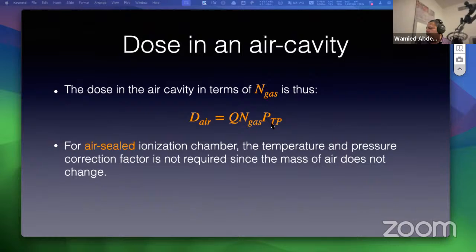Therefore, one needs to apply a temperature and pressure correction factor in order to obtain the dose in air. And again, I want to emphasize, if the chamber is air sealed, then this temperature and pressure factor is not required, okay? Because the mass of the air in the cavity is not going to change.